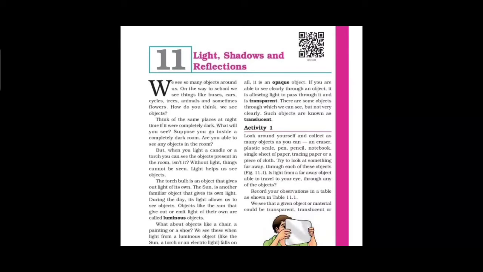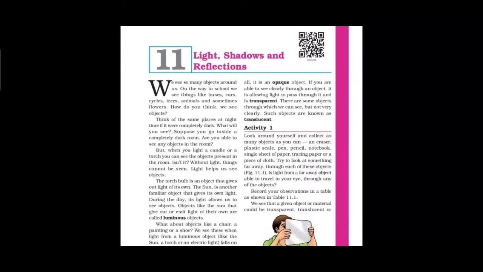Example, glass. Then there are some objects through which we can see but not very clearly. Such objects are known as what? Translucent objects. Okay. There are some objects through which we can see, but it is not clear. In transparent, the object is very clear. In translucent, it is not clear, but it is visible.